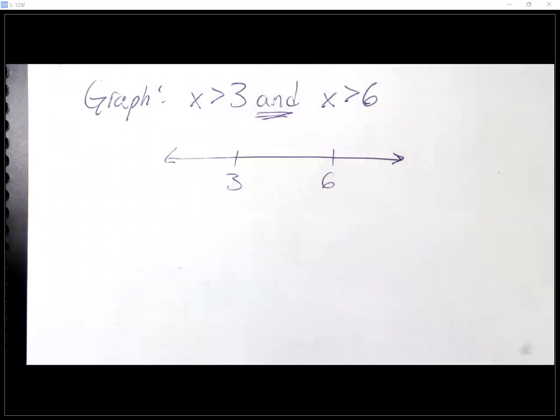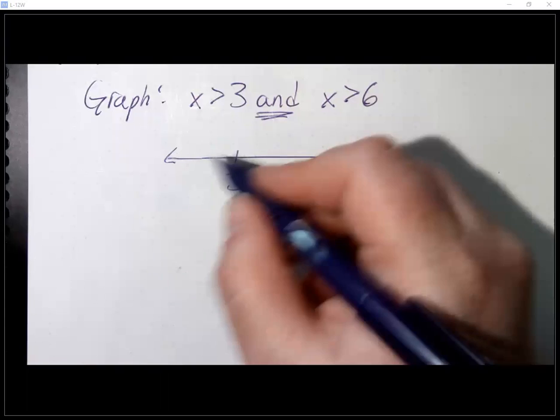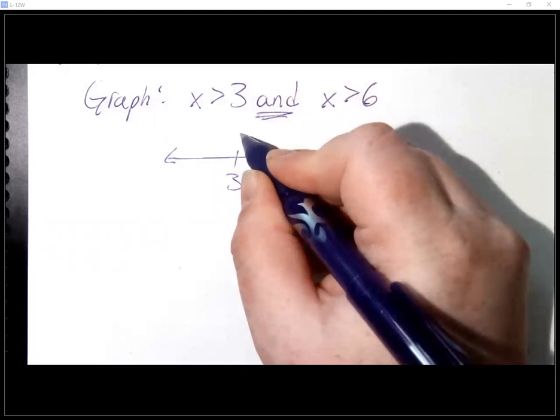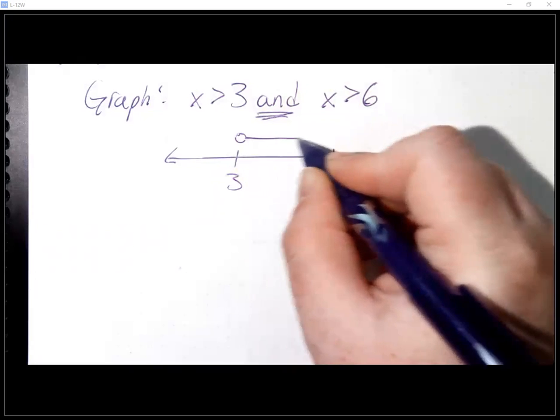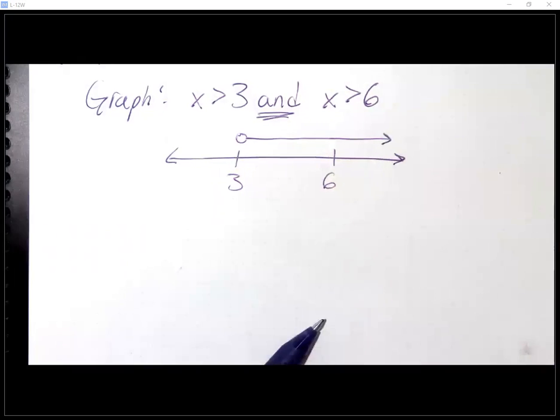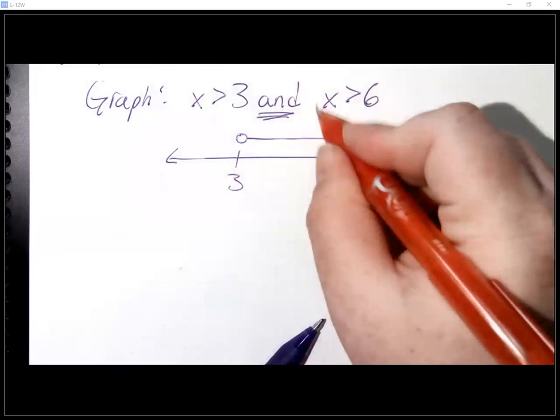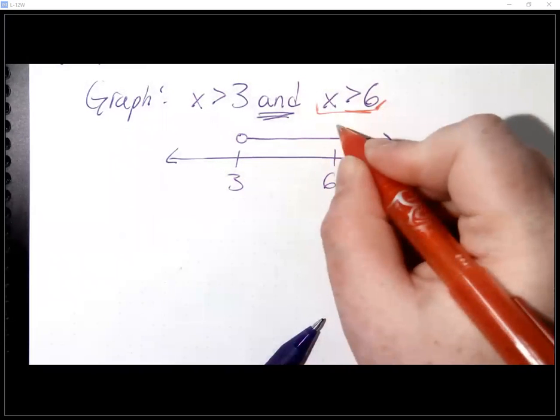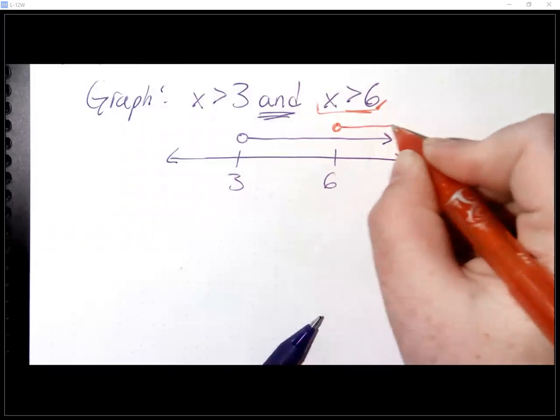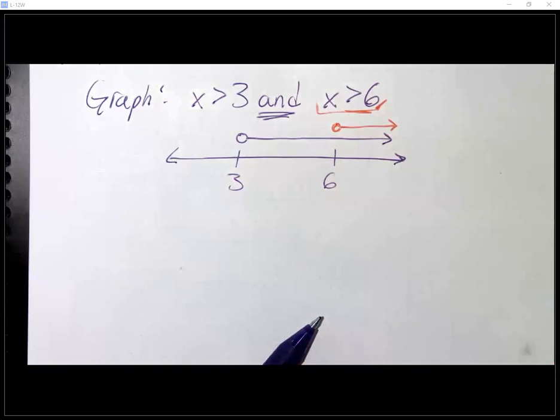If I start off graphing them like normal, I would have x is greater than 3. Then I'll do this one in orange, x is greater than 6. For an AND, I don't want to just draw them on top of each other. What I want is only the pieces that overlap each other. That's what's going to be in my final graph.